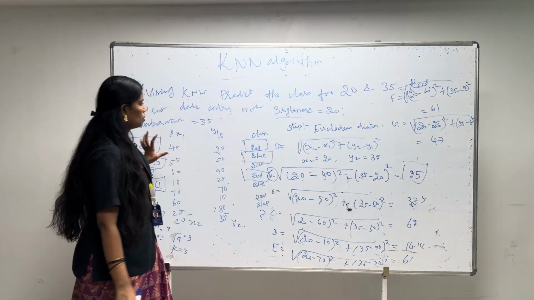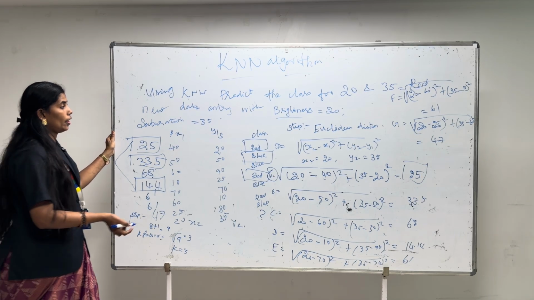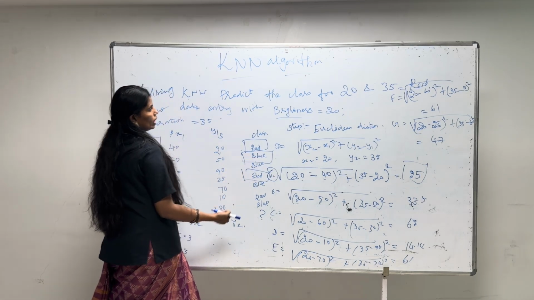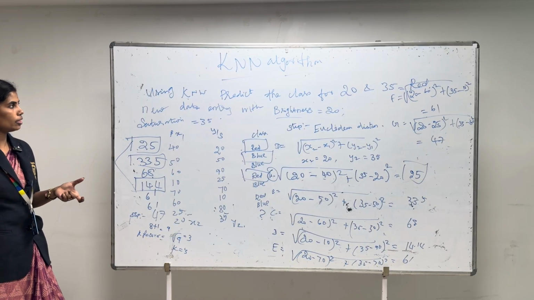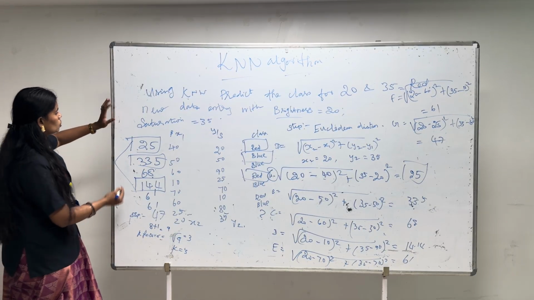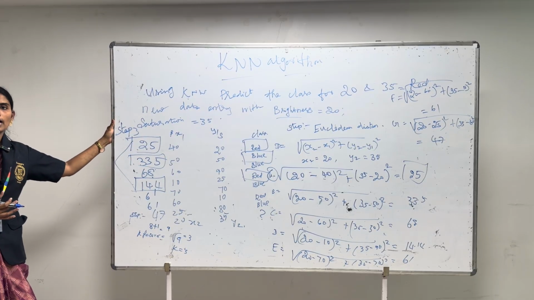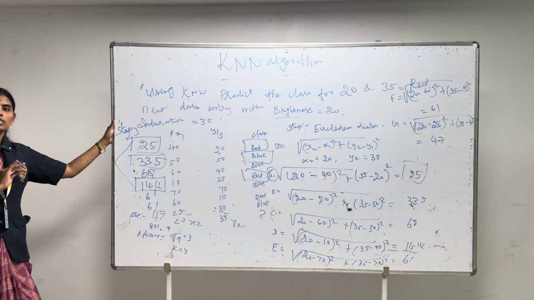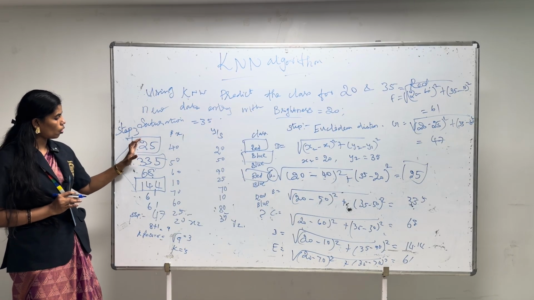So this is the simplest way to find the categories or classes between the two data sets. In the third step we use the K factor, choosing with the help of the neighbors. This is our step 3. In the fourth step I categorize with the majority of values. From the Euclidean distance we got a lot of values.